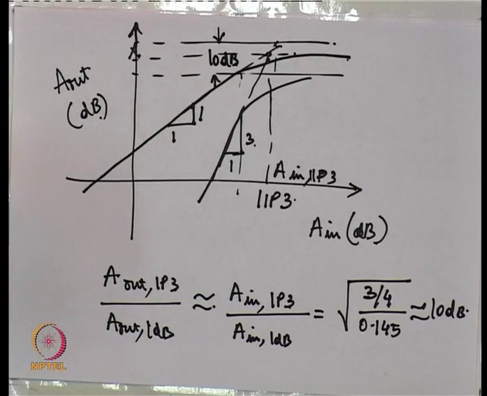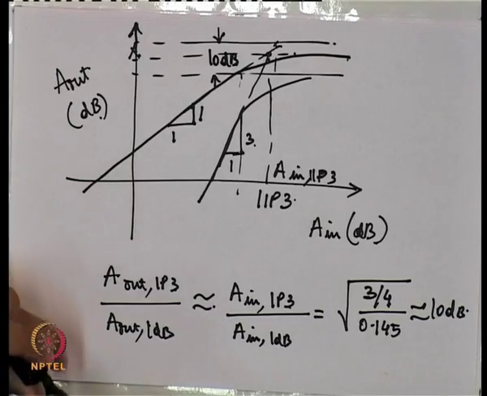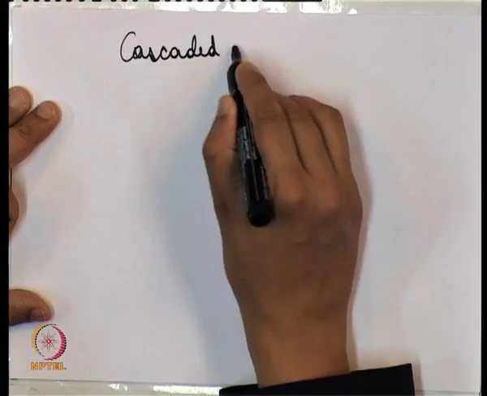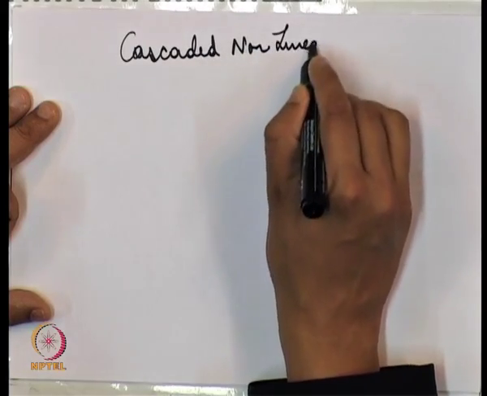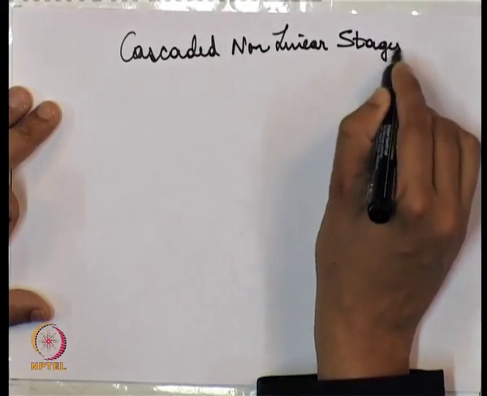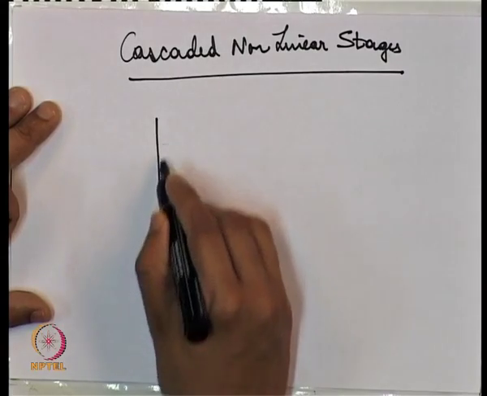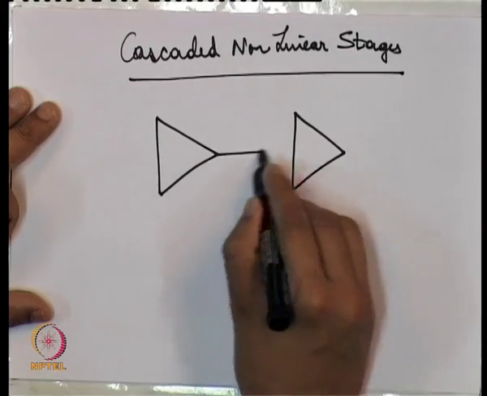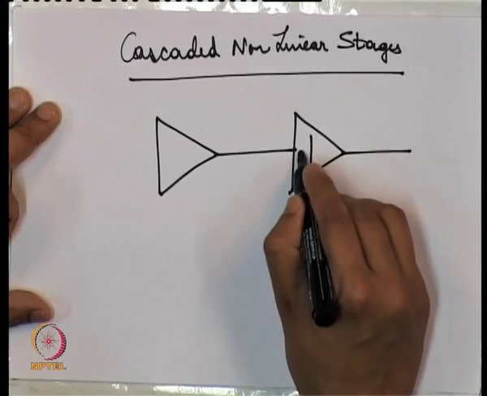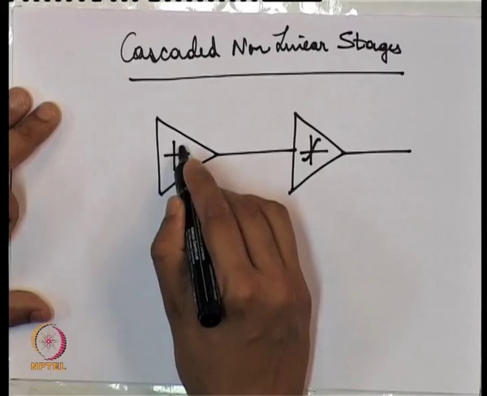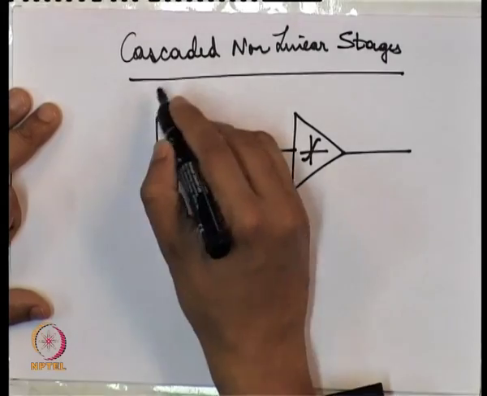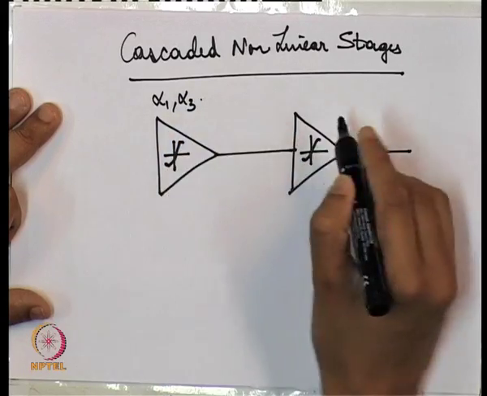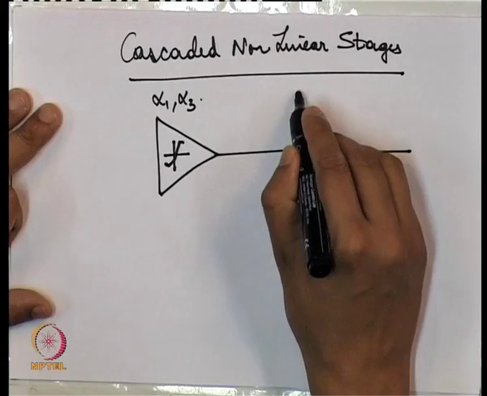If you want to find out the output of a cascade, suppose we have a number of stages cascaded. So we have our stages like this. These are the nonlinear coefficients of the nonlinear polynomial.